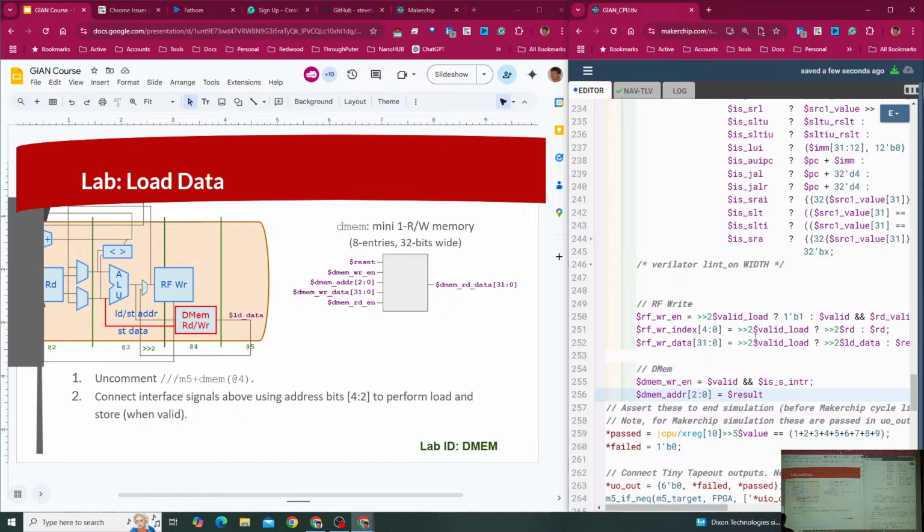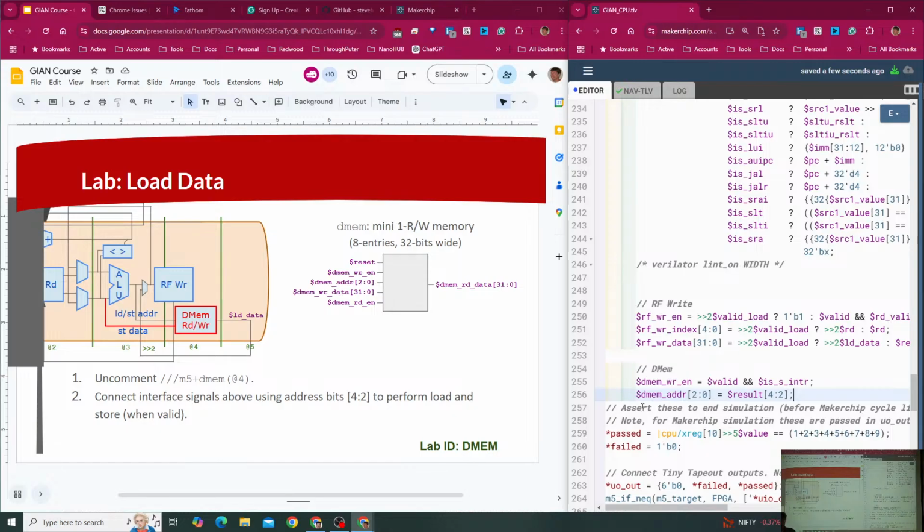So result is our address, and since we're hooking up to a very small memory, only 8 addresses, we only need a few bits of address from our result. Since result is a byte address, we're going to ignore the lower 2 bits, which are within a word, and just look at the word address and only 3 bits of it. So that means we just need those 3 word address bits, which are going to be 4 to 2.